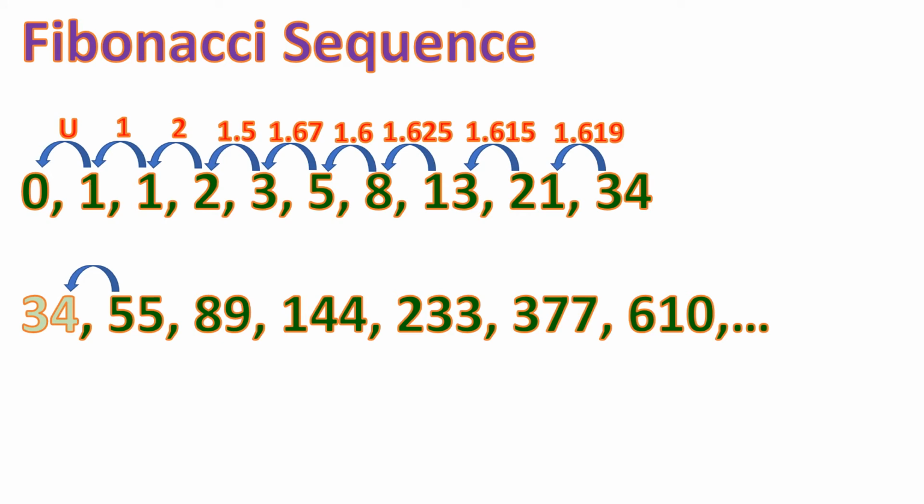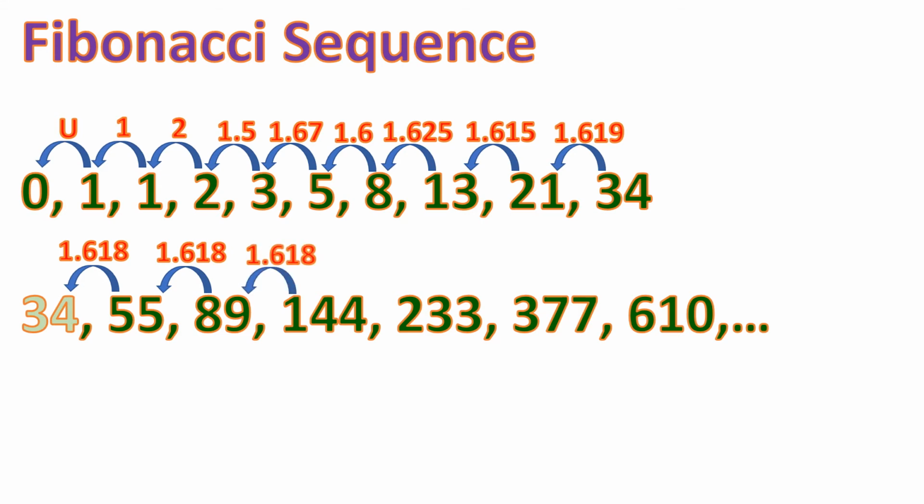So we have the copy of 34 at the bottom. So 1.618 approximately. So we just round it up. 89 divided by 55, approximately 1.618. So we keep on rounding up to 3 decimal places. 144 divided by 89 is 1.618.